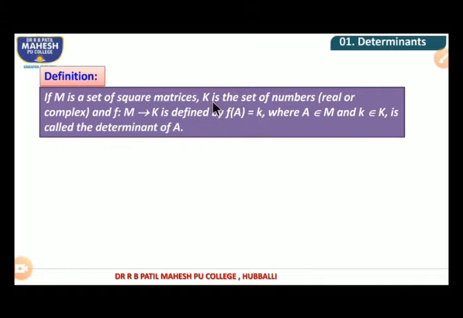Then F of A equals k is called the determinant of A.